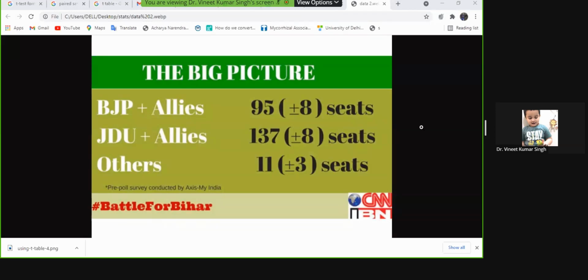So BJP plus allies will get 95 seats plus minus 8. So this plus minus 8 is standard deviation. Okay, they also explain the error rate. So it can be either 95 plus 8 or 95 minus 8. Similarly JDU 137 plus 8 and minus.